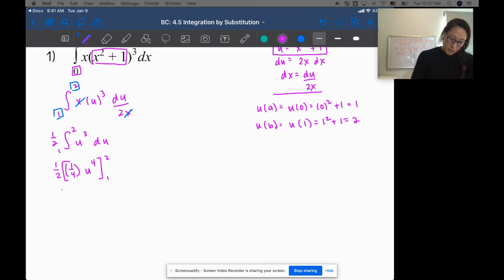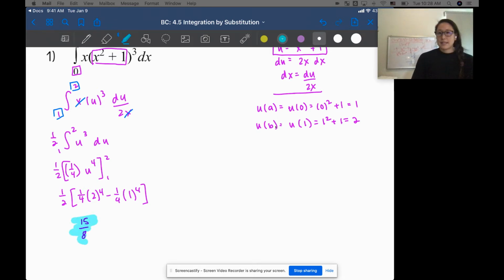So I have 1/2 times 1/4 times 2 to the 4th power minus 1/4 times 1 to the 4th power. And that will come out to 15 over 8. That's that. So we do have to change the bounds when we change the variable that we're taking the integral with respect to. Okay.